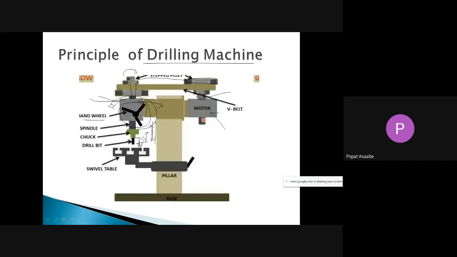Now we want to see one mechanism. Okay, see, this is the hand wheel in that spindle head. To operate this spindle, to move that spindle in upward direction and downward direction, we are going to use one type of mechanism here. Inside that spindle head we are going to use a rack and pinion mechanism.